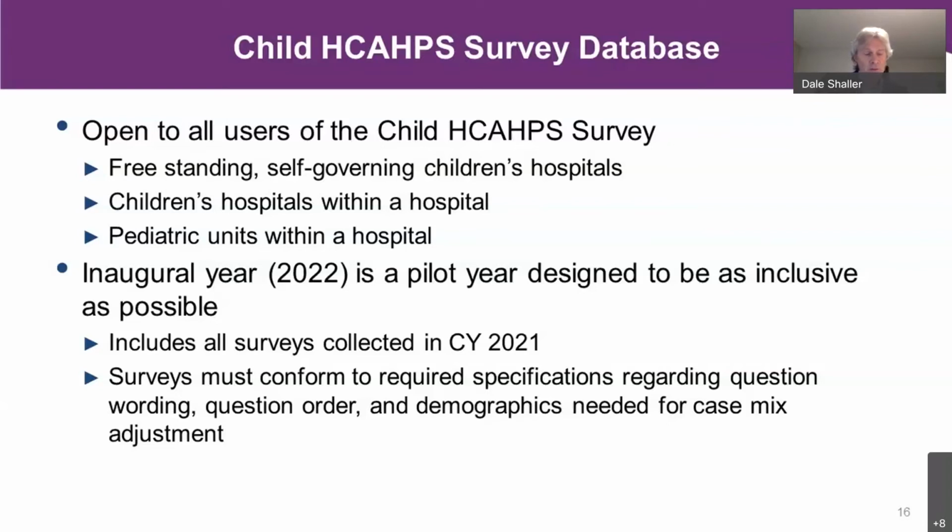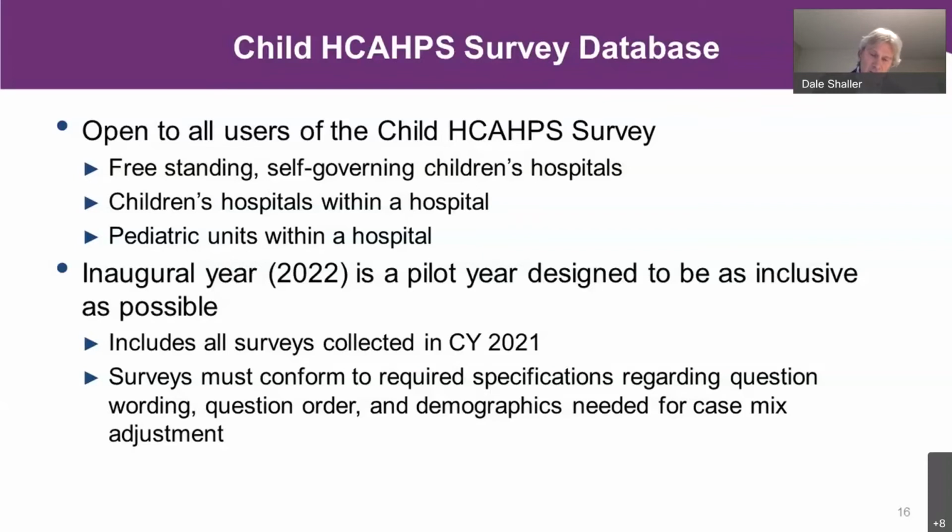So questions need to be worded the same way that they're supposed to be for the Child HCAHPS survey, in the same order. And it's very important at the end of all CAHPS surveys, we have the respondent information, demographic information about who filled out the survey.